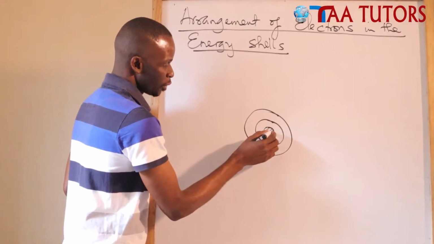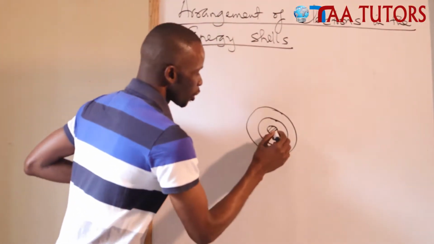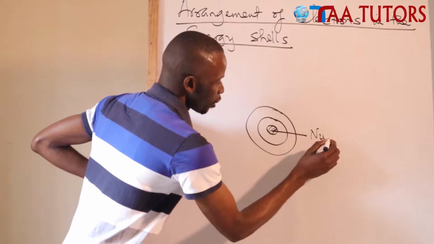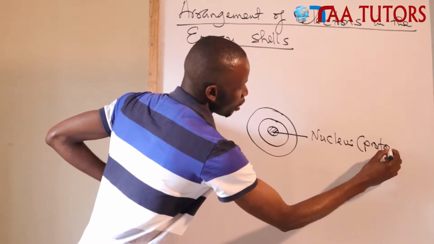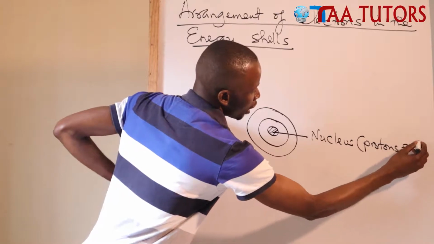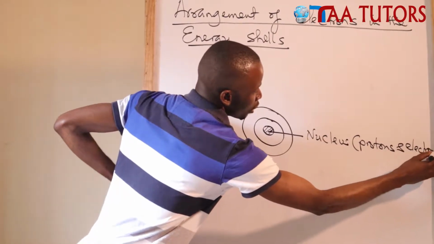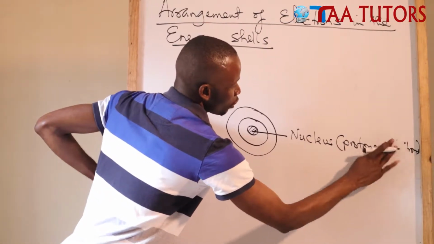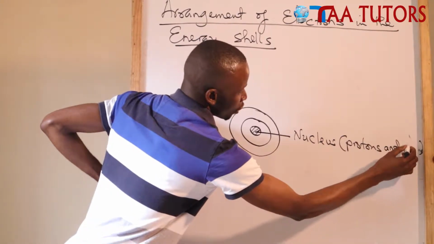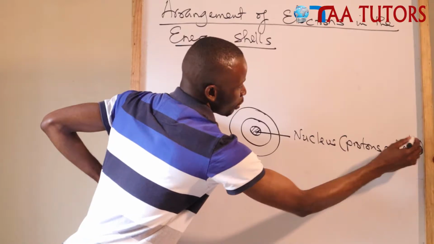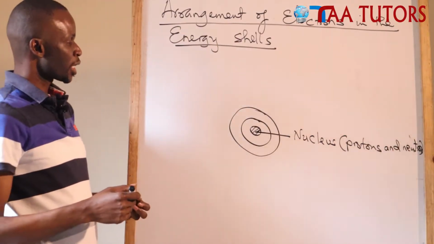So here, this nucleus here, let me shade it. This is what I'm going to refer to as the nucleus. And right now we know what is found in the nucleus. There are protons and neutrons. Those are the subatomic particles that are found inside the nucleus.